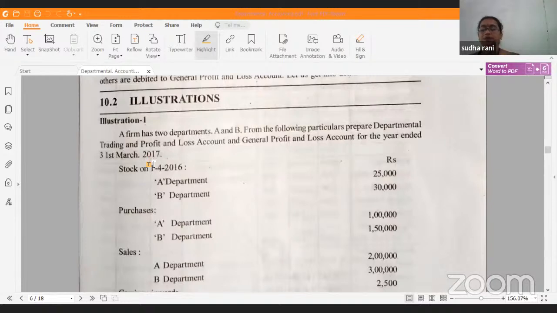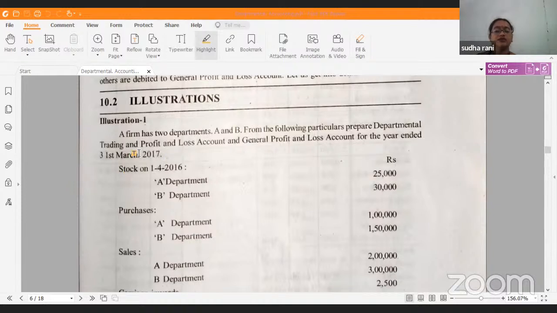The time is not enough to complete the entire exercise question while explaining point to point, so I prefer to take the illustration problem only. I hope you will understand.